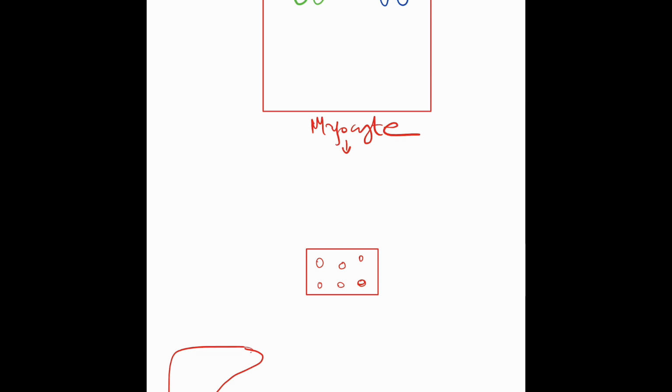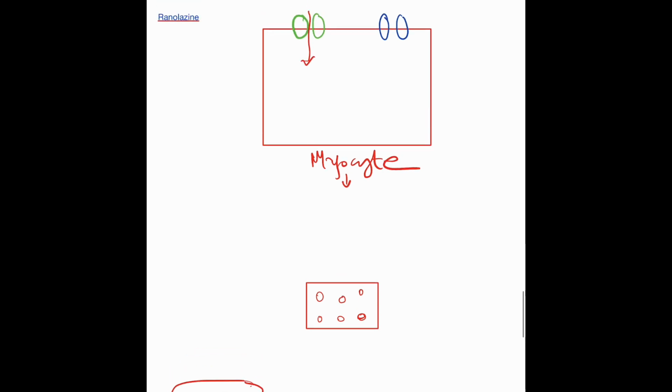As you can see, this is the myocyte and this is the sodium channel. It brings the sodium from extracellular to intracellular. The increase in sodium intracellularly results in it being exchanged with calcium, and thus increases the intracellular calcium, causing increased contractility.